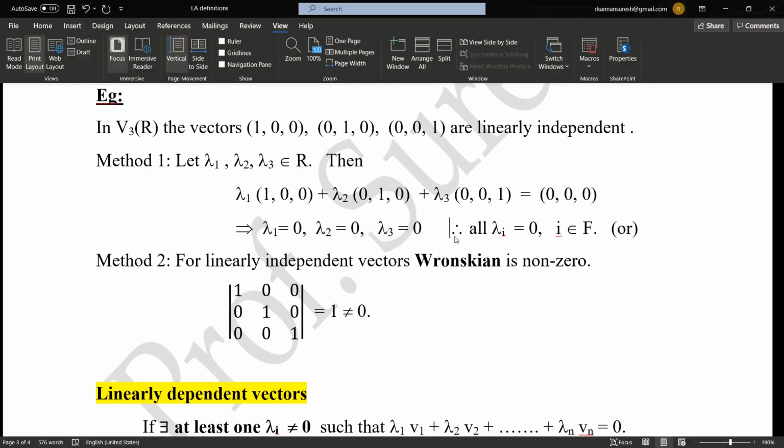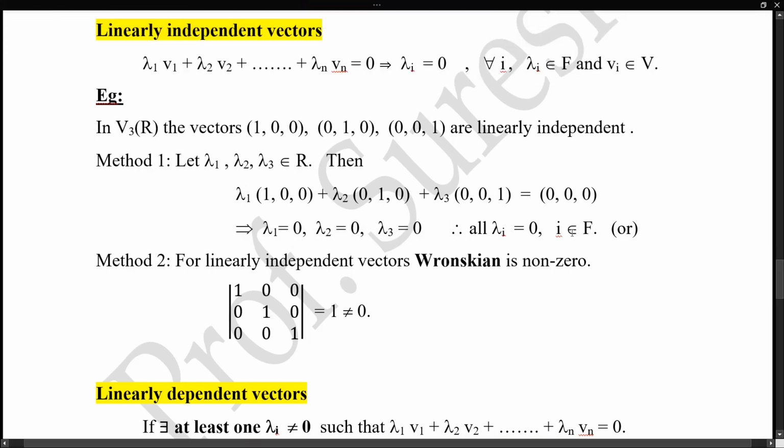So all lambda i equal to 0, for all i, where lambda i belongs to F. So all the scalars are 0, therefore this set of vectors is linearly independent.